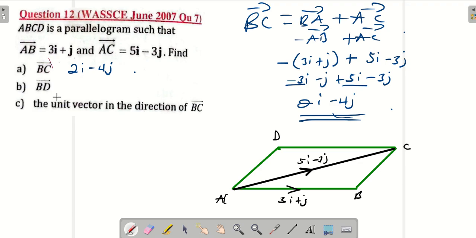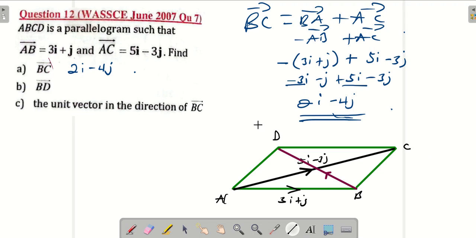Now the next question is to find BD. Now BD is going to be the other diagonal, is that right? So we are finding BD. So now the question is, how do we find this BD?